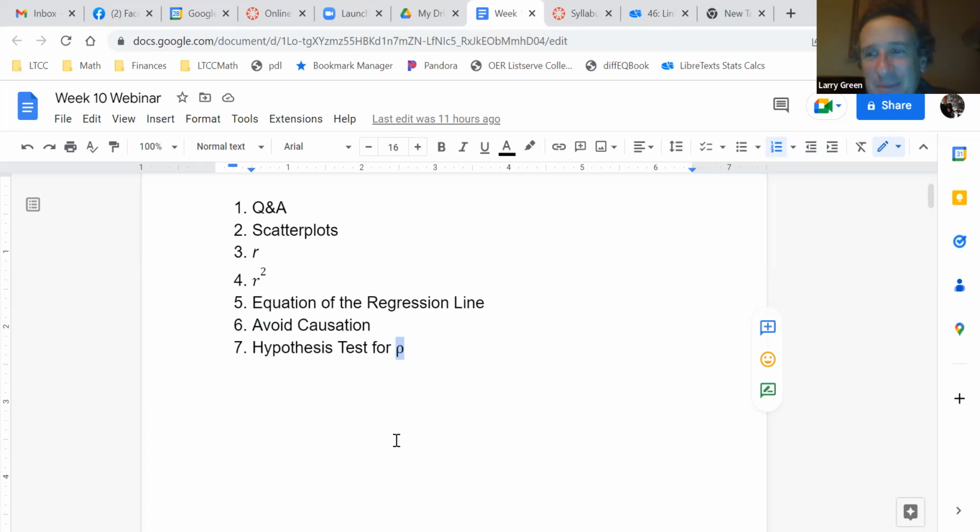Okay, the way you read this is rho, like row, row, row your boat. And that's the Greek letter for R, actually. And it kind of looks like a P, it's a little curvier. But that's the Greek letter, and we're going to do a hypothesis test, and that'll be the population R instead of a sample R is the idea.